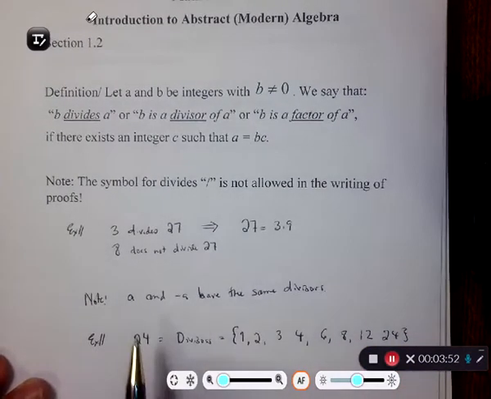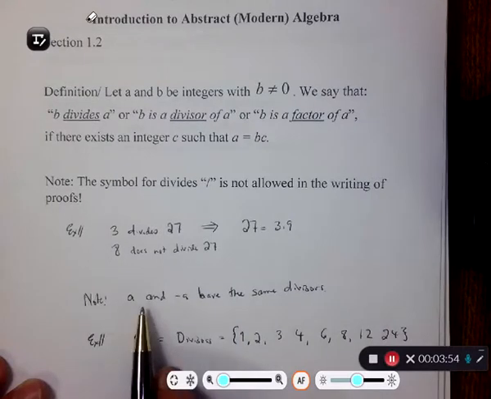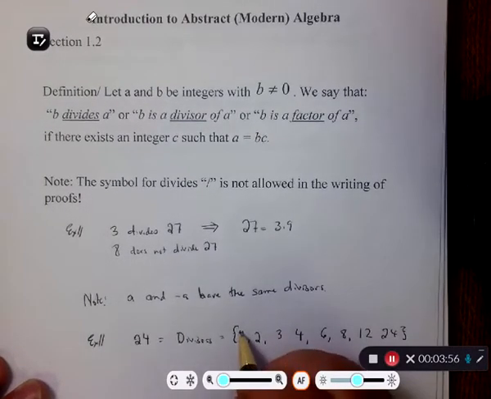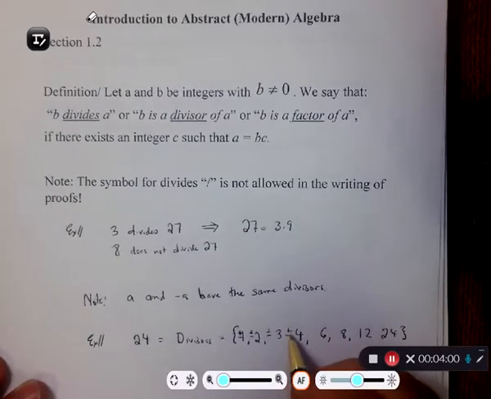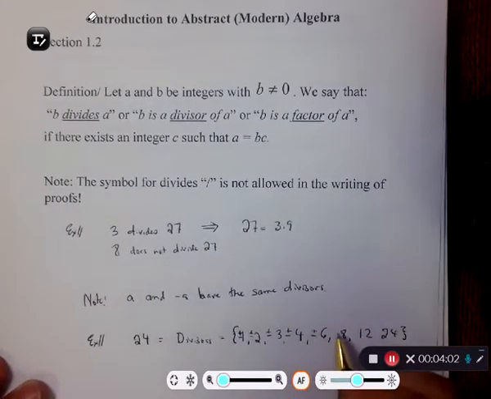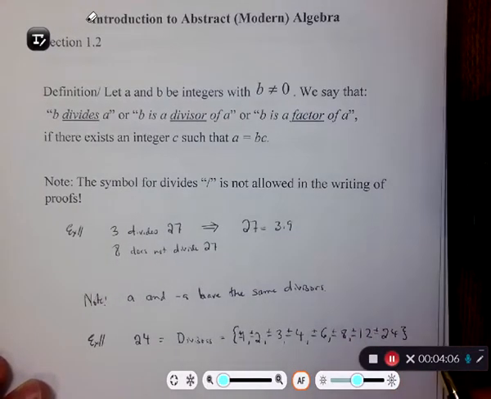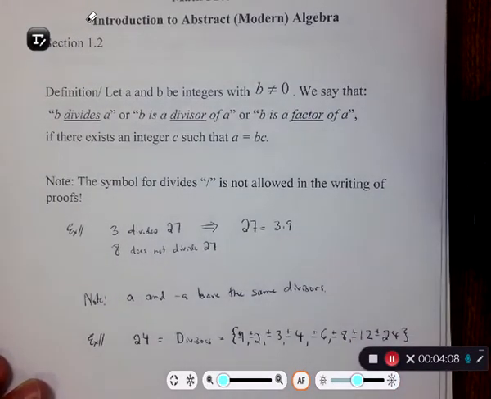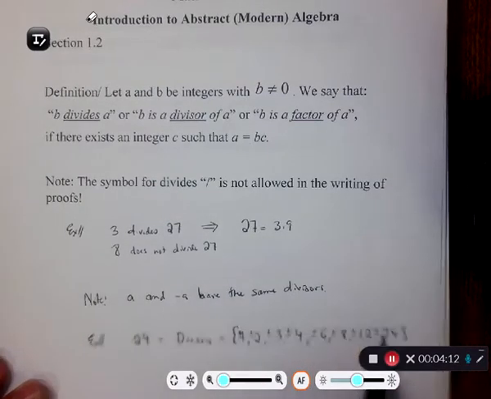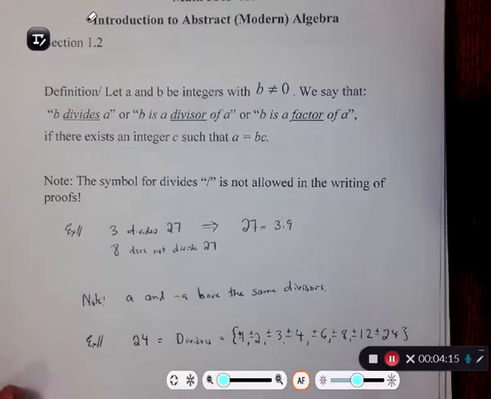However, remember, a divisor can be either positive or negative. So every one of these, you have plus or minus 1, plus or minus 2, plus or minus 3, plus or minus 4, plus or minus 6, plus or minus 8, plus or minus 12, and plus or minus 24. A grand total of 16 divisors. 1, 2, 3, 4, 5, 6, 7, 8, plus or minus times 2, 16 divisors 24 has.